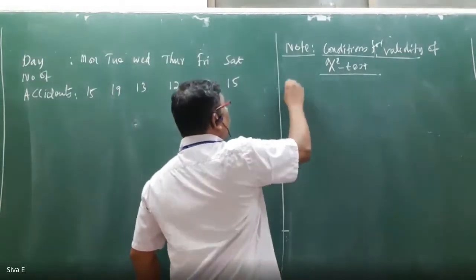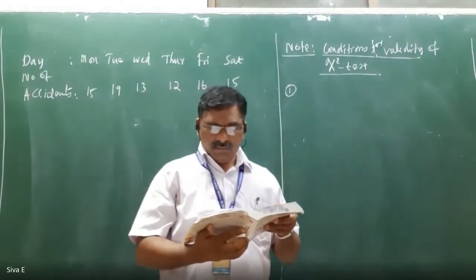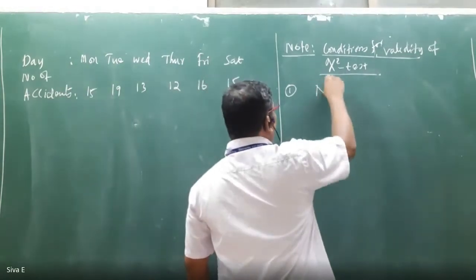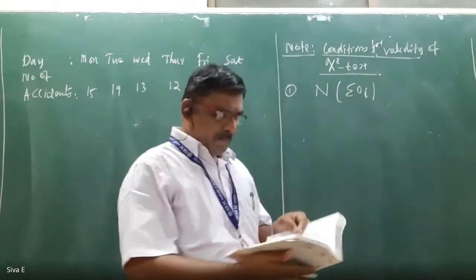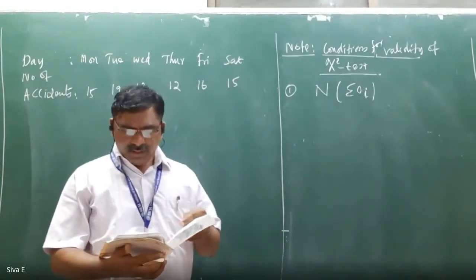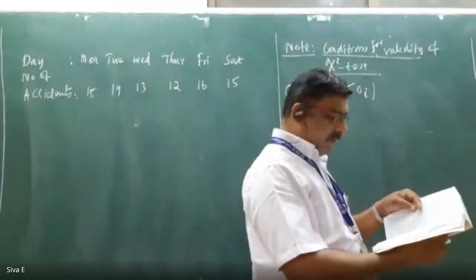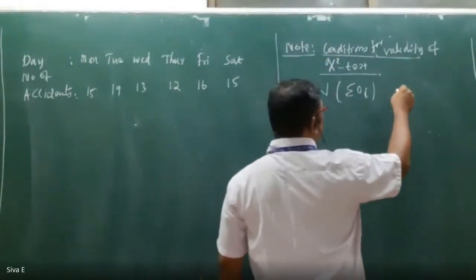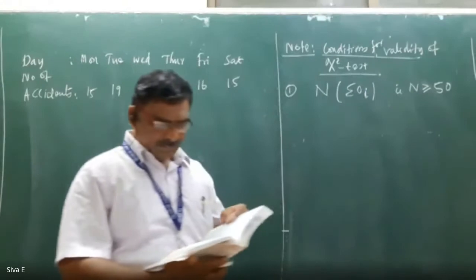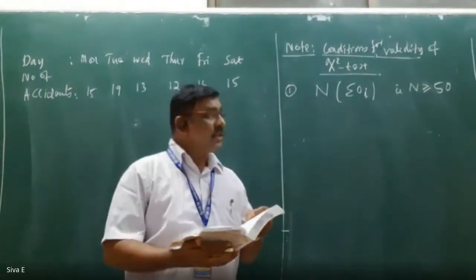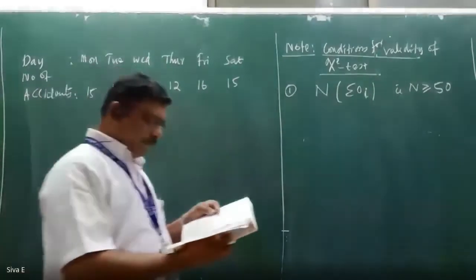First one, the number of observations N, summation of O_i, in the sample must be reasonably large. That is N greater than or equal to 50.